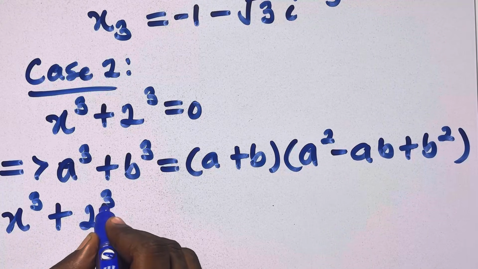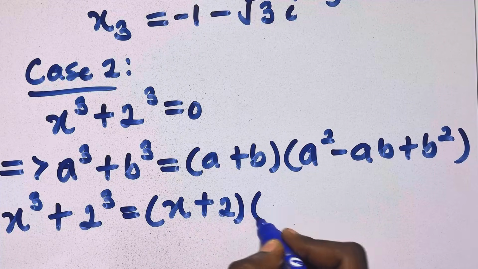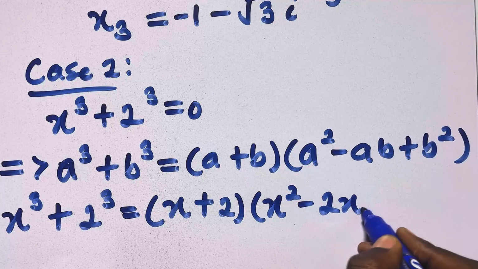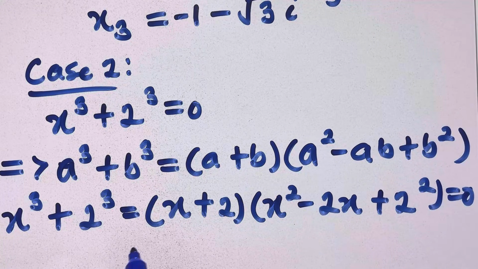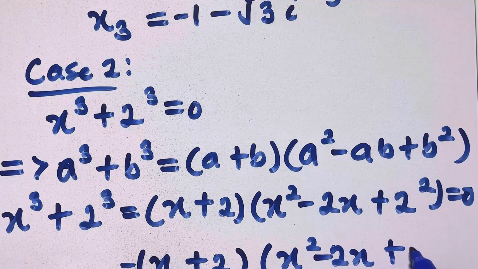So now, for this expression, we have x raised to the power 3 plus 2 raised to the power 3. This equals x plus 2 multiplied by x squared minus 2x plus 2 raised to the power 2, equals 0. So then we have x plus 2, right?